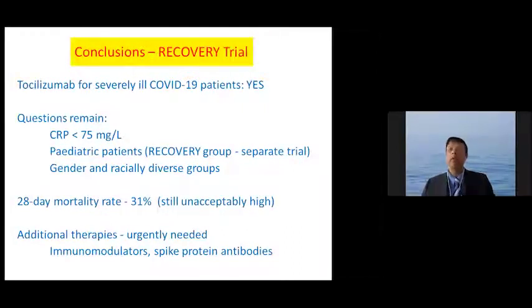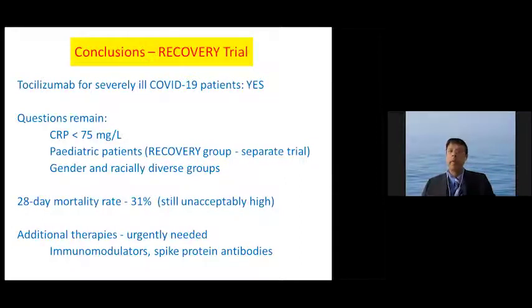So the conclusion from the RECOVERY trial: is there a place to include tocilizumab for severely ill COVID-19 patients? Yes. Still, there are questions that remain in patients with CRP less than 75, pediatric patients, where there's a study going on at the moment, and in gender and racially diverse groups, because we know the study included white males predominantly.